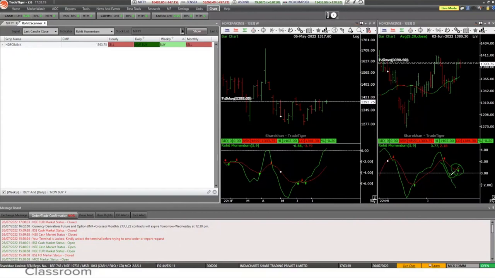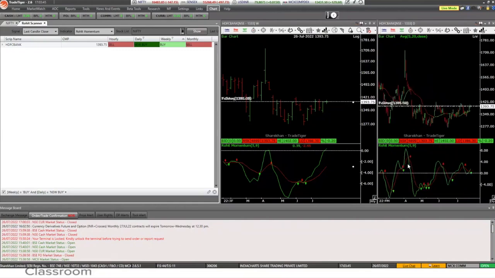If it has not done that, for example, if the indicator had actually just gone down and turned up from here itself and then given a buy signal, then it would be less relevant.